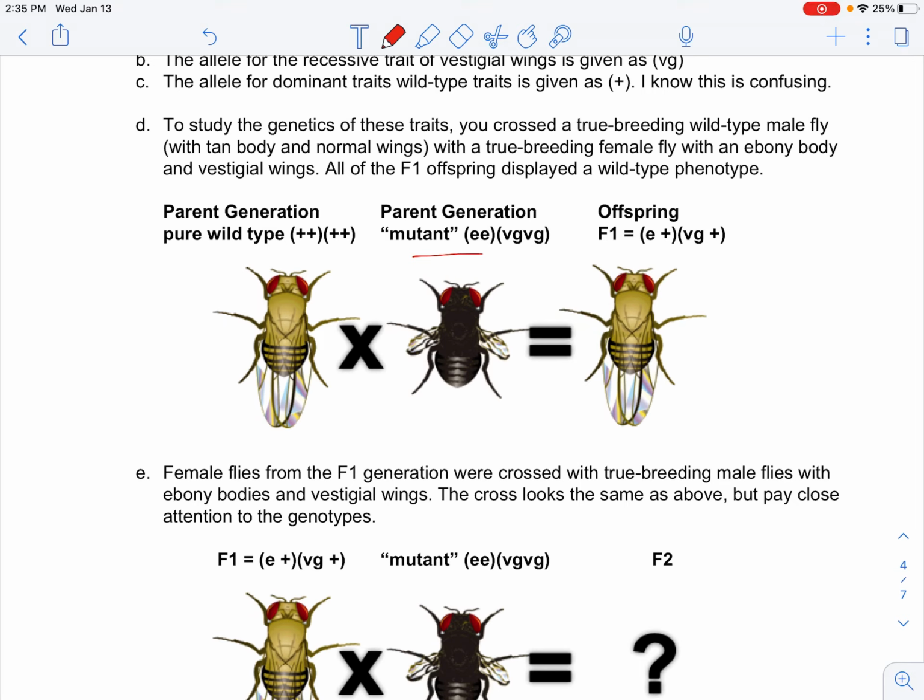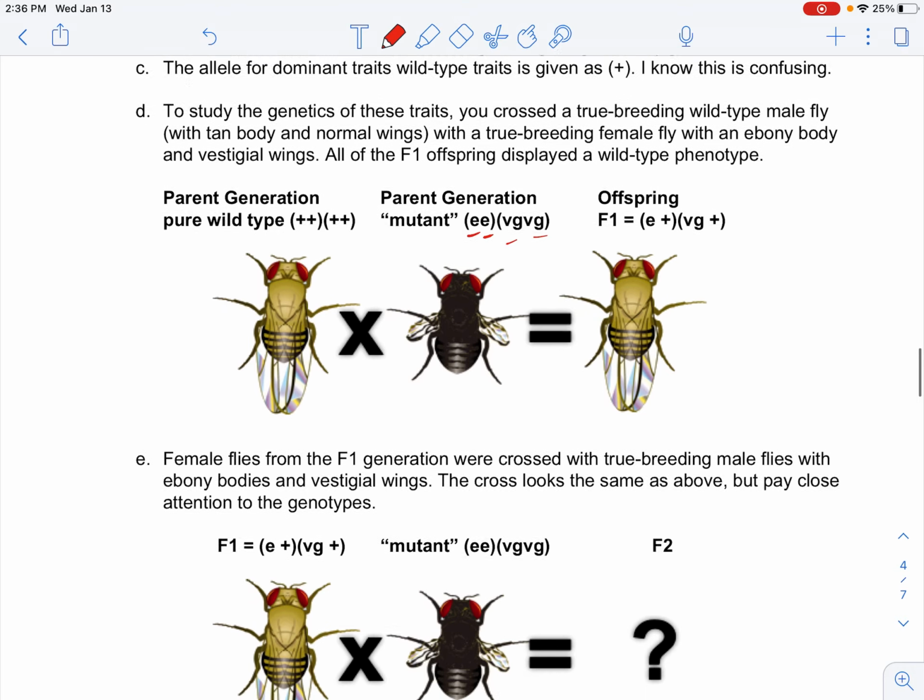As you can see, wild type has maybe a tan coloration, brown coloration, and the mutant has a different coloration, which would be recessive. The letter E is used here. It's called ebony color, so that's the use of the letter E. And then the wings, VG, stands for the fact that these are vestigial wings, or not really fully formed wings.